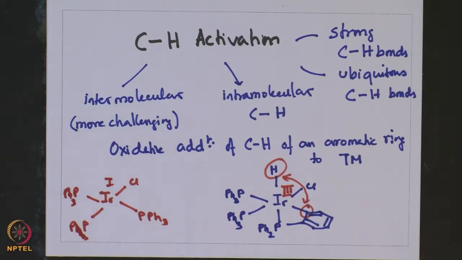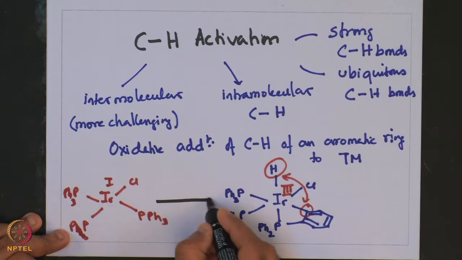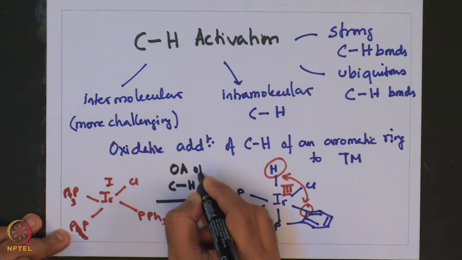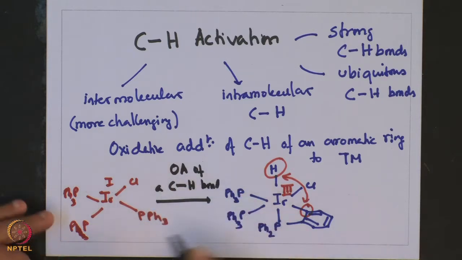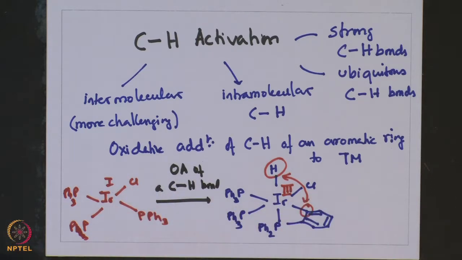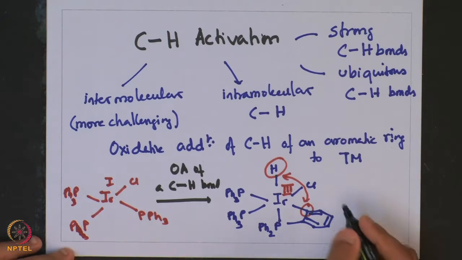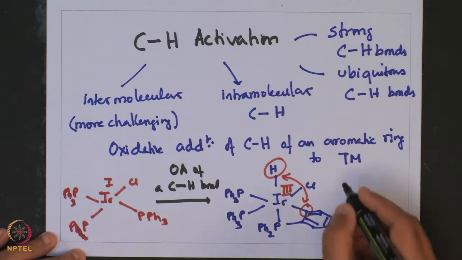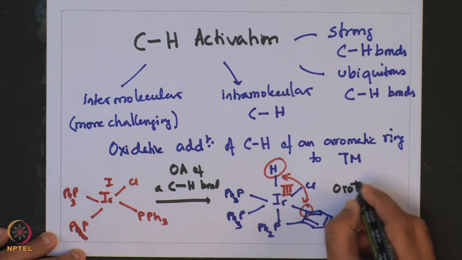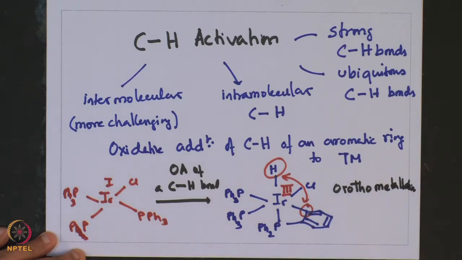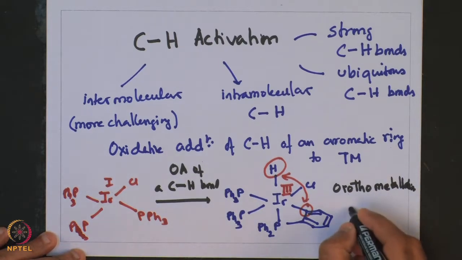So, because of this oxidative addition of a CH bond, the iridium 1 center increased its oxidation state from iridium 1 to iridium 3. As a result, both the coordination number and the oxidation state increase by 2, and this type of reaction that we discussed is called orthometallation or cyclometallation.